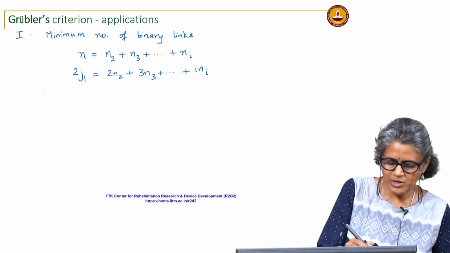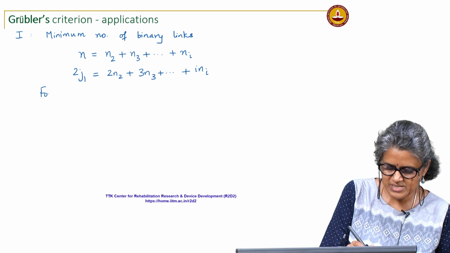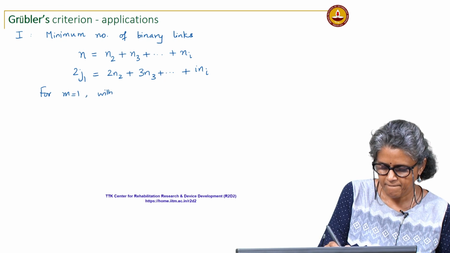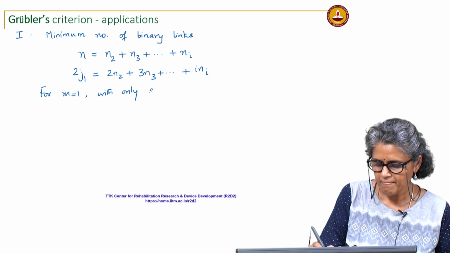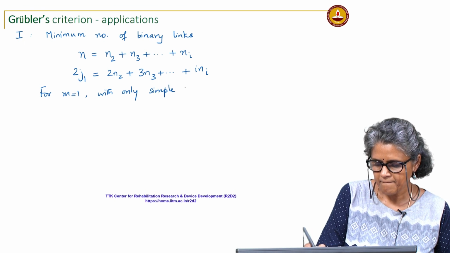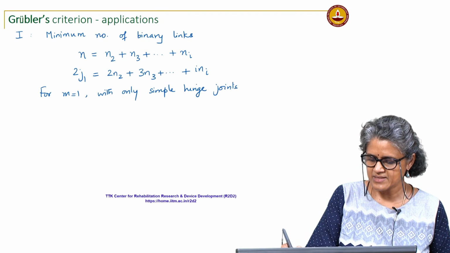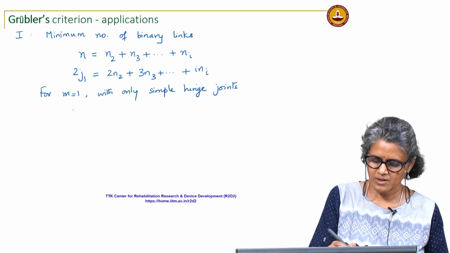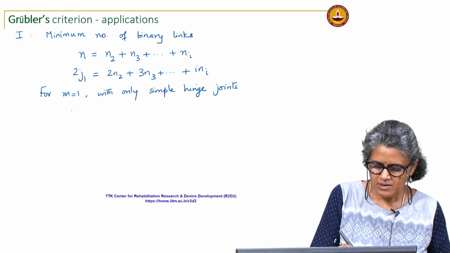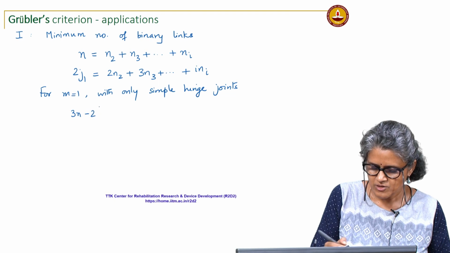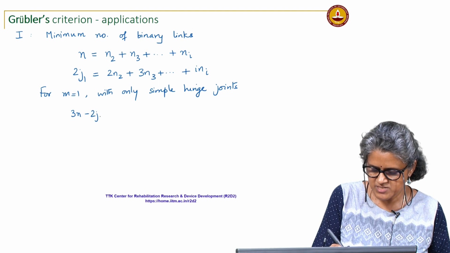So, for m equal to 1, with only simple hinge joints, I can write this as 3n minus 2j1 minus 4 equal to 0.